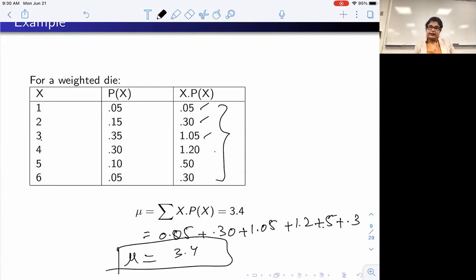Again, one thing you can analyze here. For the frequency distribution, what we do is x times f of x divided by n, which is the sum of f of x.